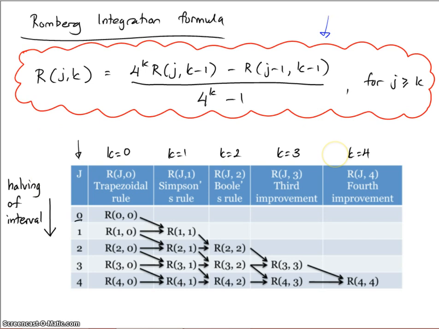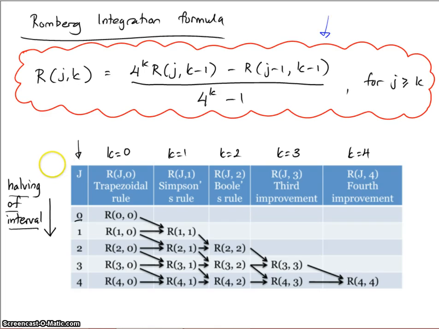As we move down the table, the J value will increase. What an increase in J value means is every time we increase the J value, we are doubling the number of segments, or we are halving the interval, or we are halving the size of our h.